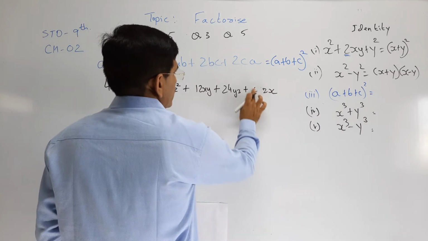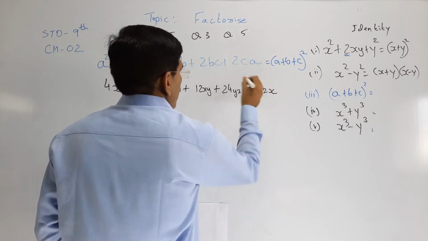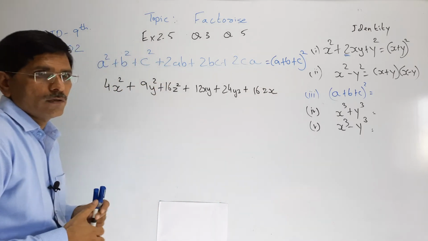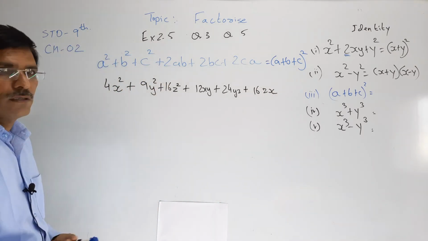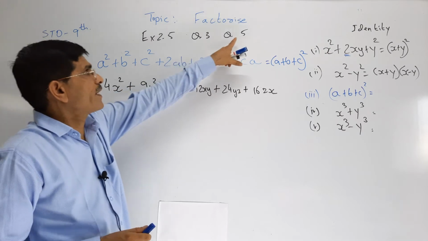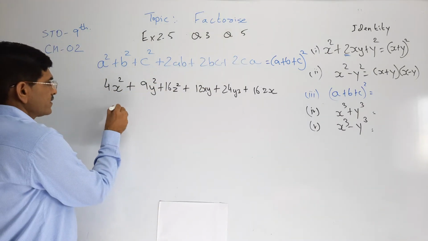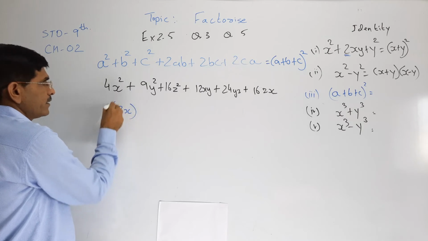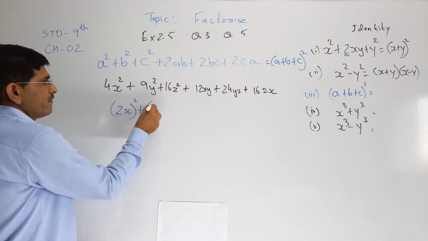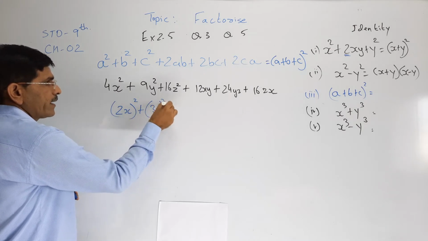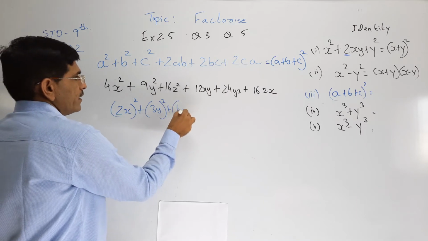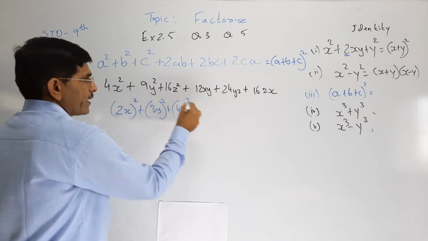Here it is 16. Now we go through it, it is exercise 2.5 question number 5. (2x) whole square, (3y) whole square, (4z) whole square.